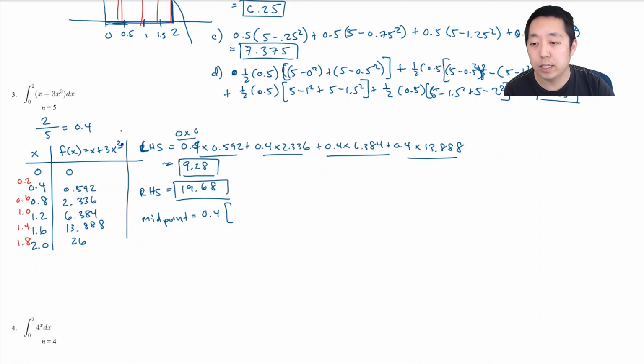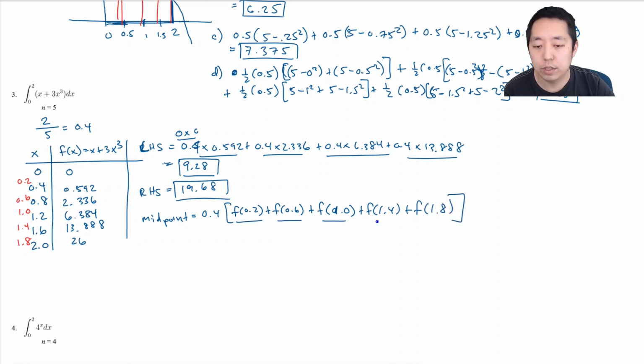So I need to plug in, in this case, f of 0.2 plus f of 0.6 plus f of 1.0 plus f of 1.4 plus f of 1.8. And again, these are still 1, 2, 3, 4, 5 rectangles. So give me a moment while I do that one.